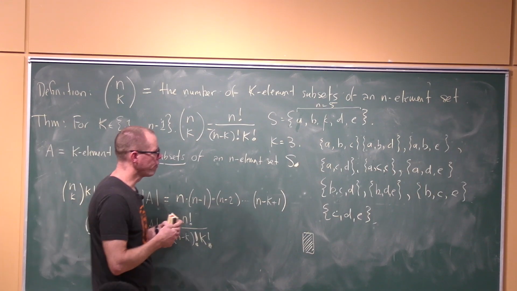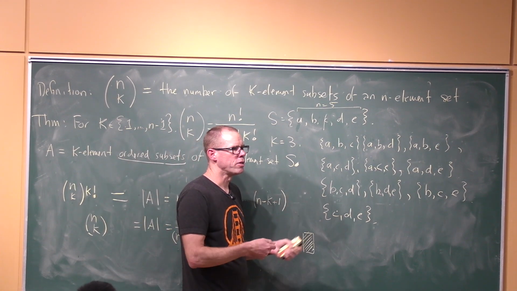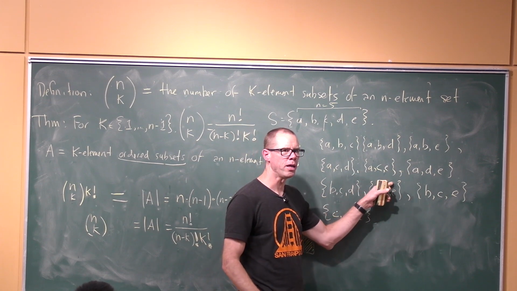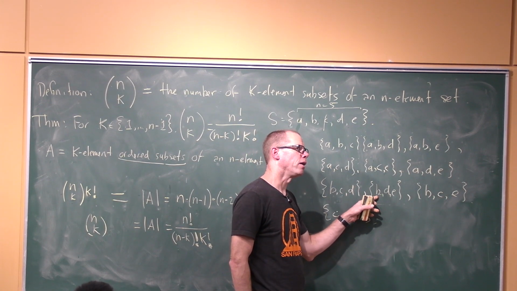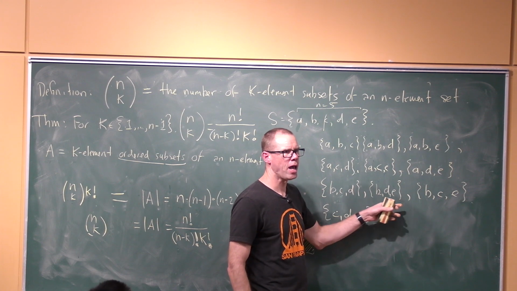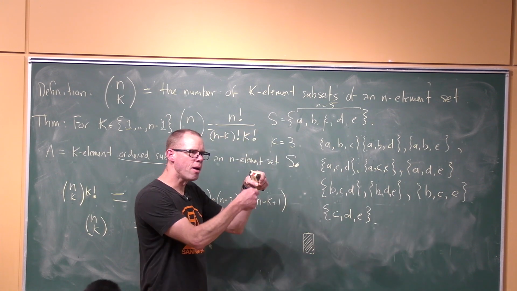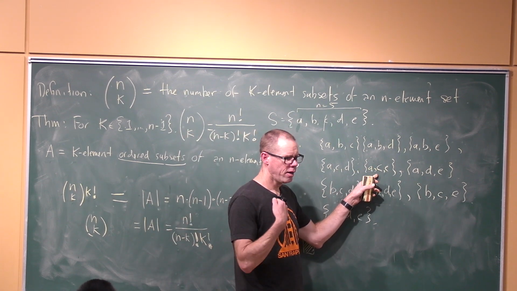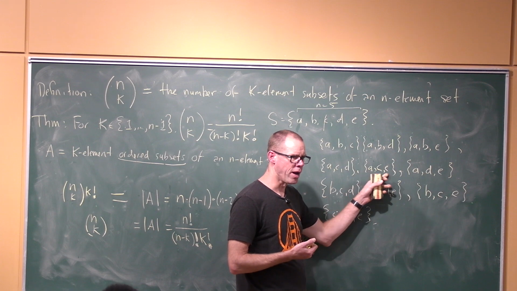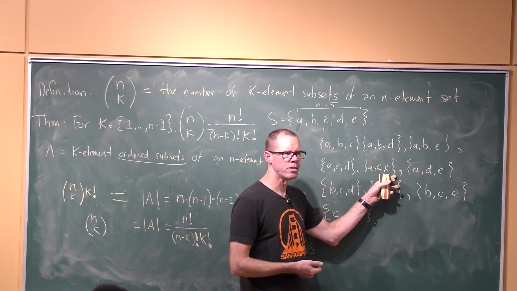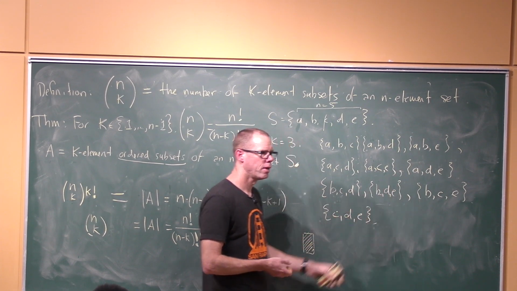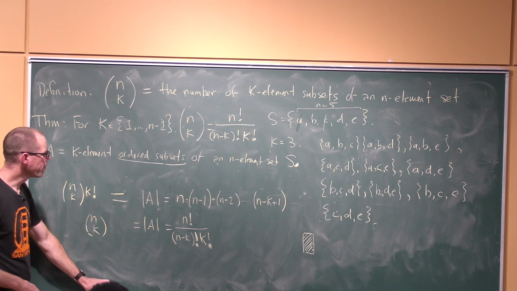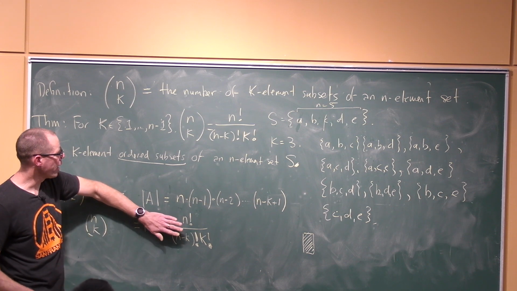And if I forget about the order within the sequences, I'll see the same subset many times, right? I'll see ACE, and I'll see AEC, and EAC, and ECA, and so on. How many times will I see it? Well, exactly the number of ways of arranging permutations of a k-element subset, which is k factorial.